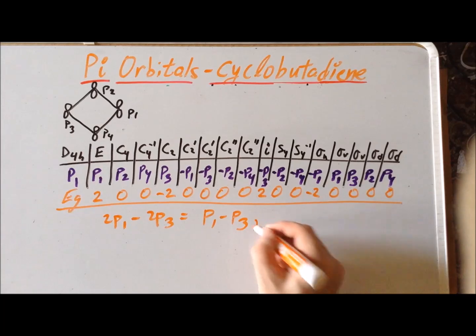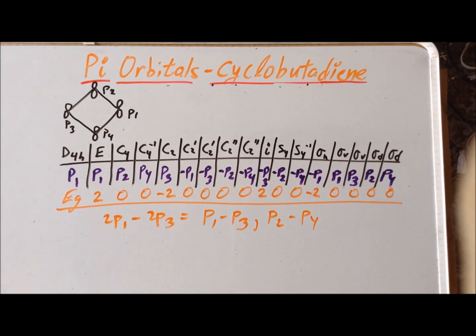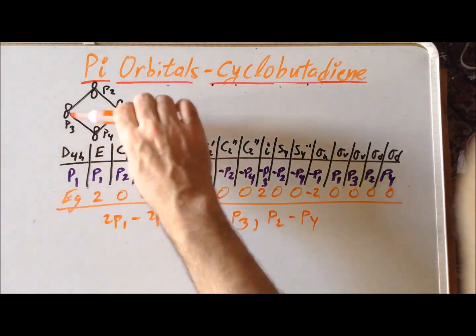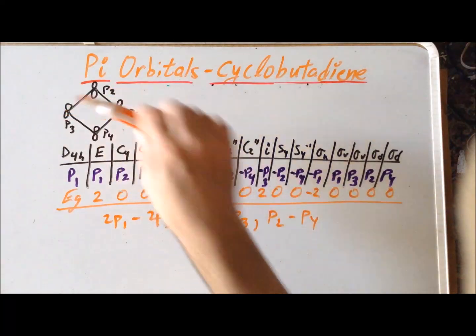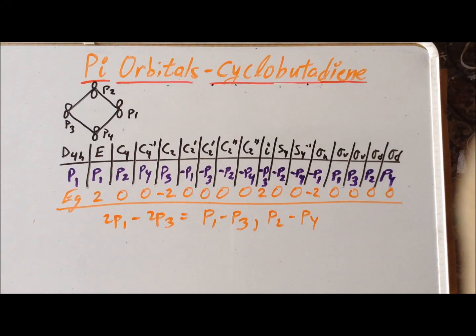So we can write down the other member of the pair immediately as P2 minus P4. Notice that this is not simply a relabeling of the first orbital, but it's actually a completely different orbital. So P1 minus P3 involves these two orbitals. The other member of the degenerate pair involves P2 and P4.